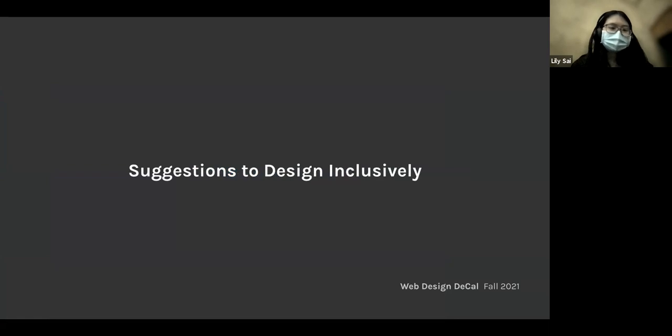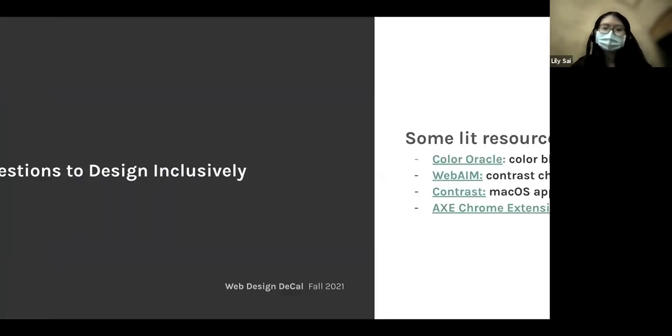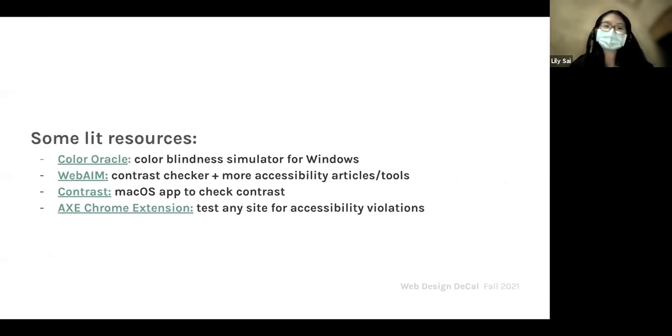Yeah, so here are some suggestions to design inclusively. Some of the resources we have are Color Oracle, which simulates color blindness for Windows. WebAIM checks the contrast of your text to your background. Contrast is also there to check the contrast. And then there's this Chrome extension that tests the site for accessibility violations.